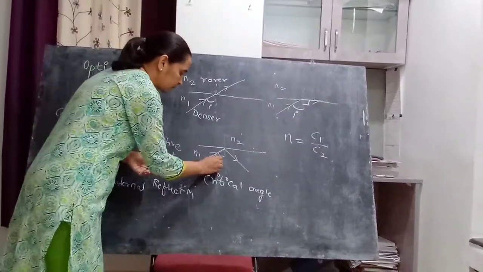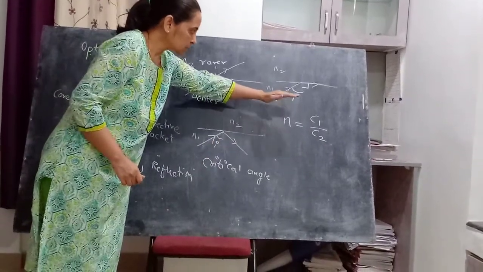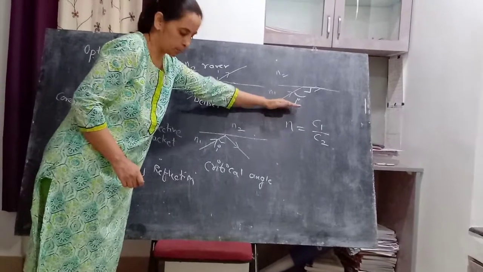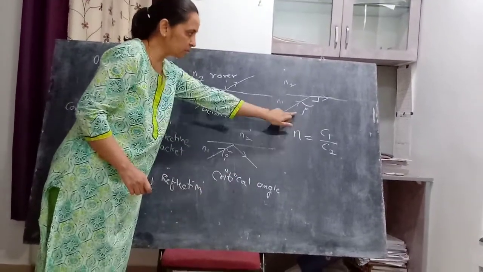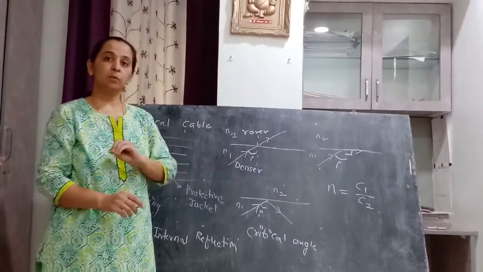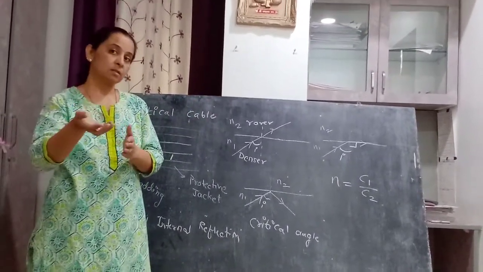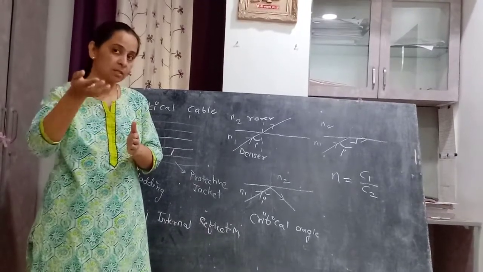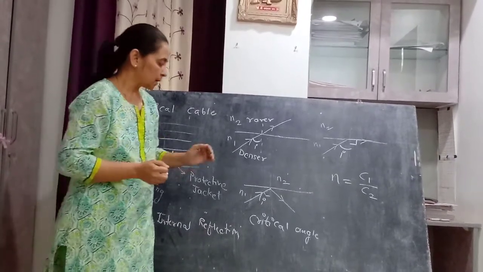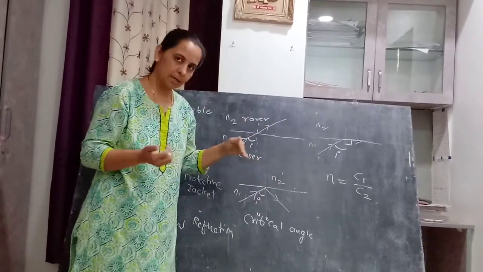So here the angle of incidence is a critical value, the critical angle of incidence. If it is exactly equal to the critical angle, the ray will not be reflected, but the angle of refraction is 90 degrees, right? Now we want the ray to come back in the same medium, that is reflection.